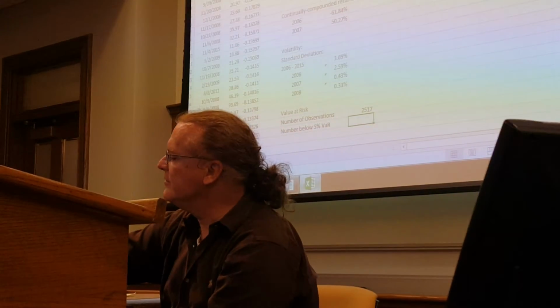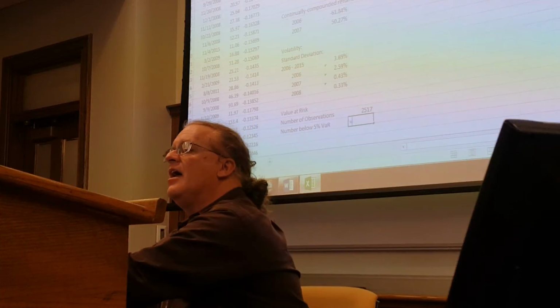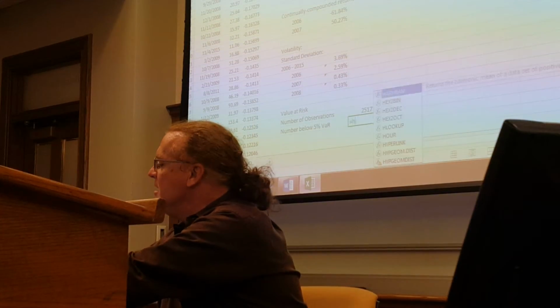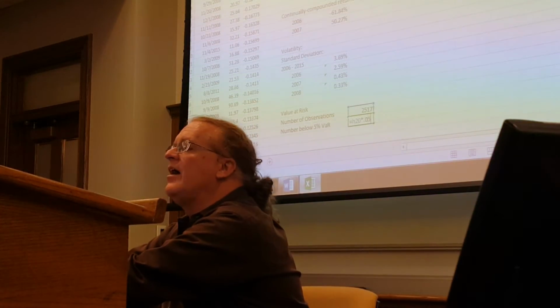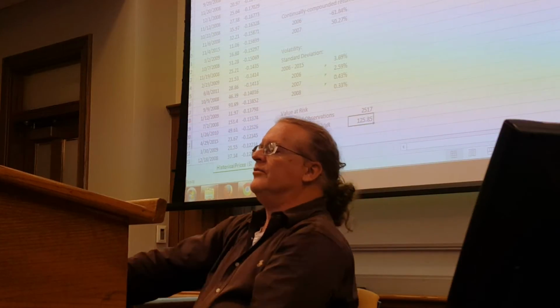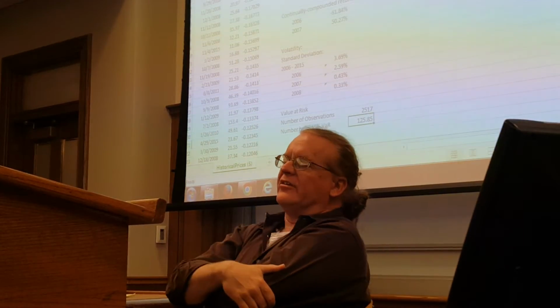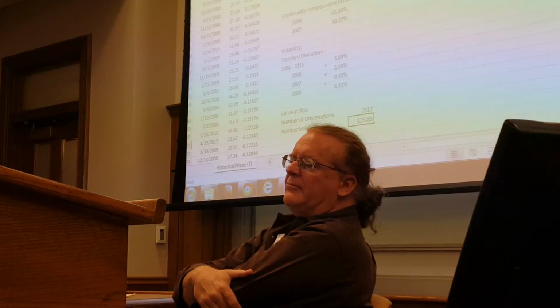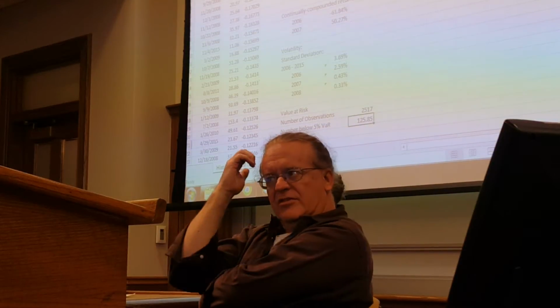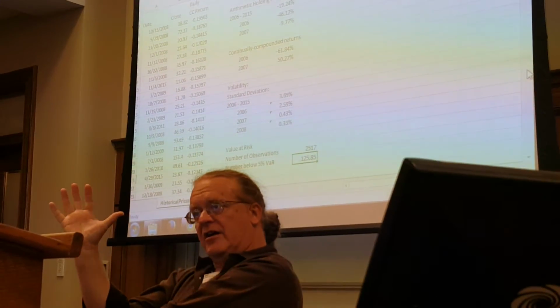So this is going to be equal H20 times 0.05. So I'm going to round that off to 126. So there's 126 observations that are the lowest, in the lowest 5 percentile.